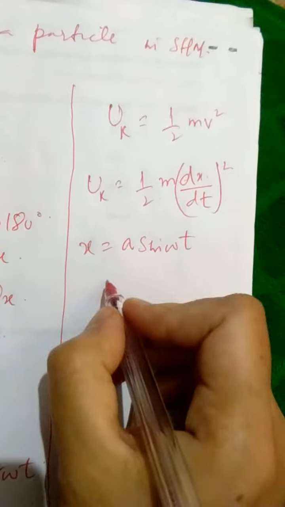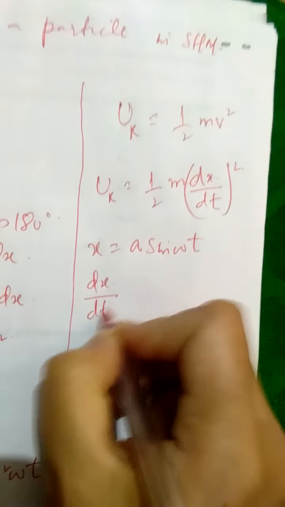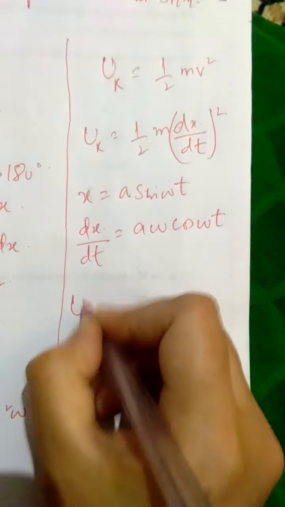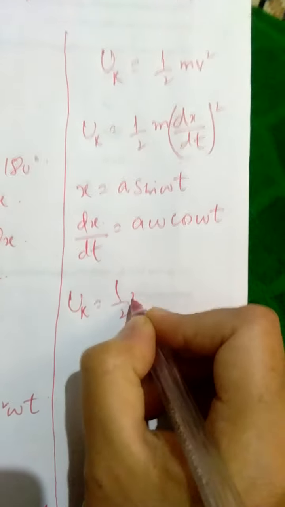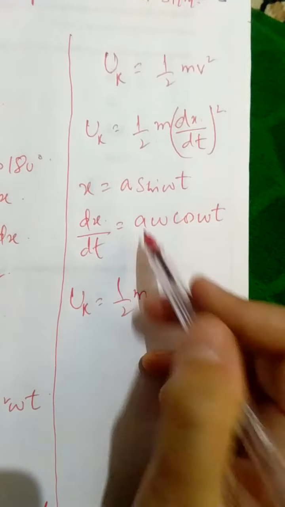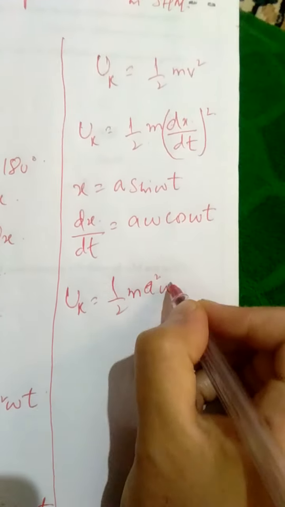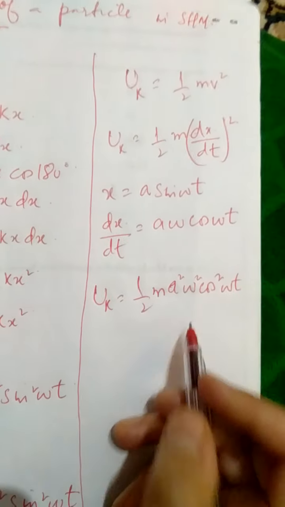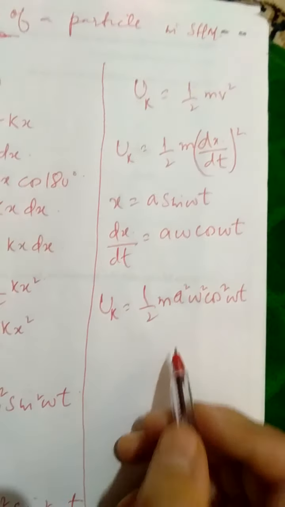So what is dx by dt? It is a omega cos omega t, right? So once you substitute that here, kinetic energy is equal to half of m. For dx by dt square, you are going to write a square omega square cos square omega t. So this is the value of kinetic energy of a particle executing simple harmonic motion.